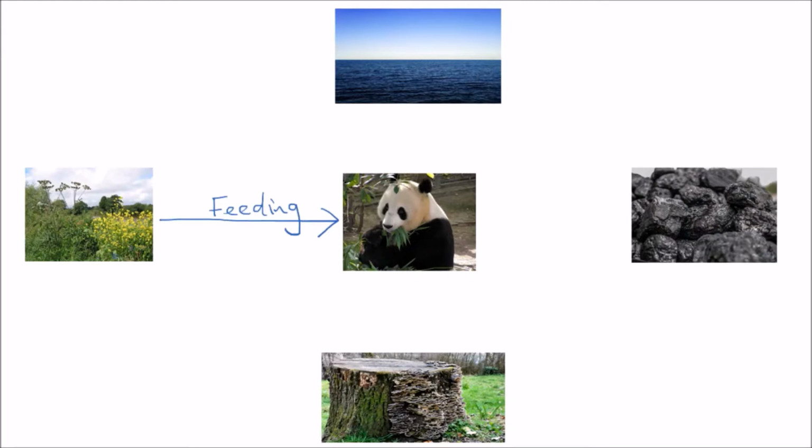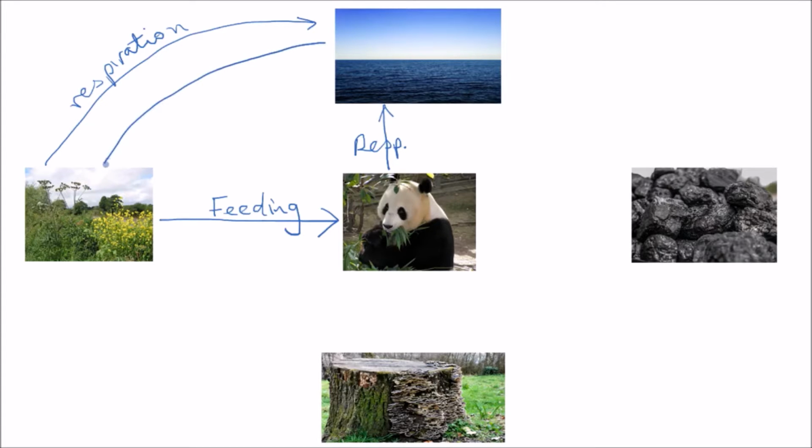Another way, while we're on the plants, another way that plants transfer carbon, or specifically carbon dioxide, to the air is called respiration. And it's not just plants that do respiration, animals respire as well. Plants also take in carbon dioxide from the air in a process called photosynthesis.